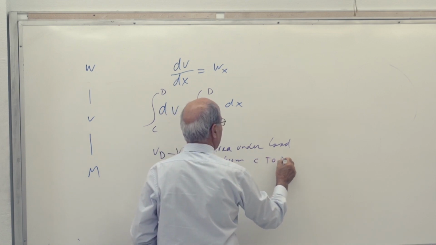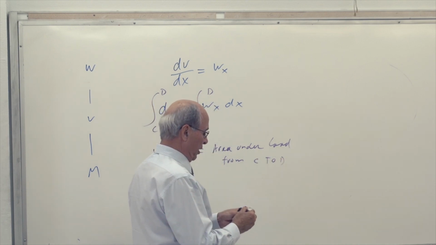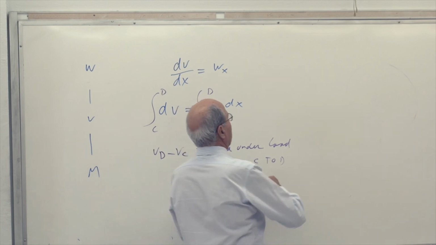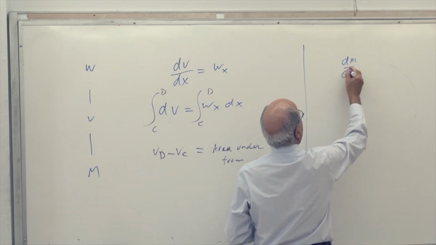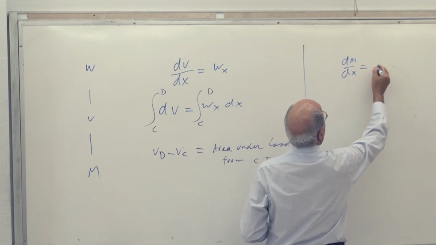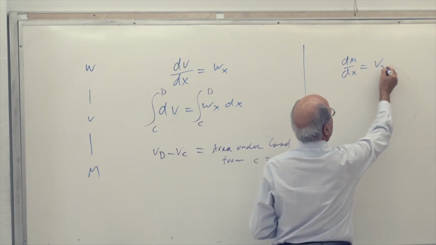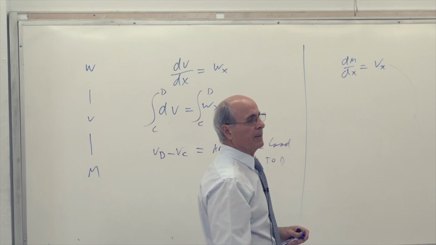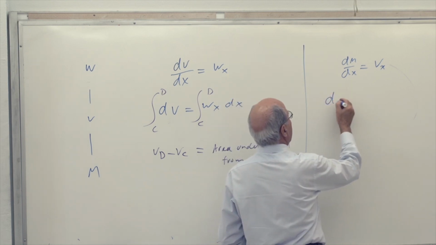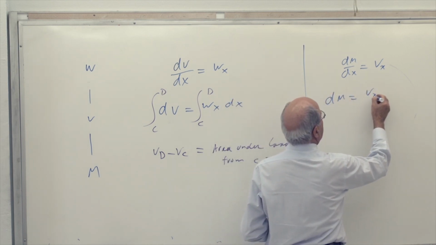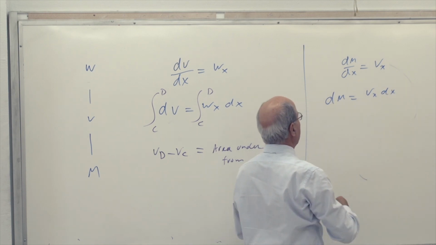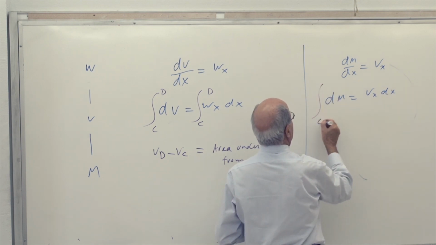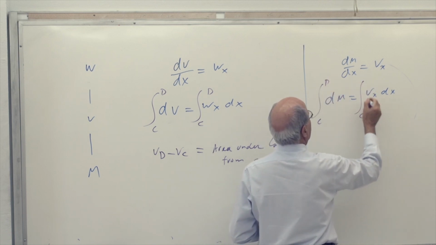Similarly, for moment, we do the same thing. Again, the derivative of M with respect to x must be equal to shear as a function of x. Is that correct or not? Therefore, we write dM equals V(x) dx. Then again, we integrate that between two points like this.